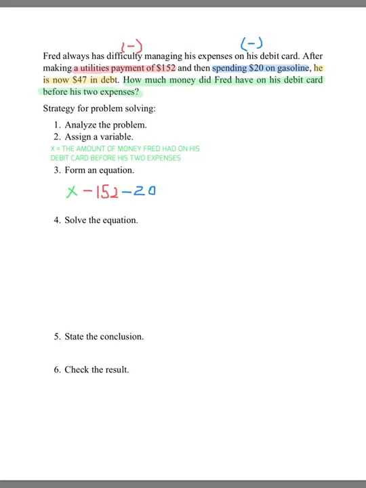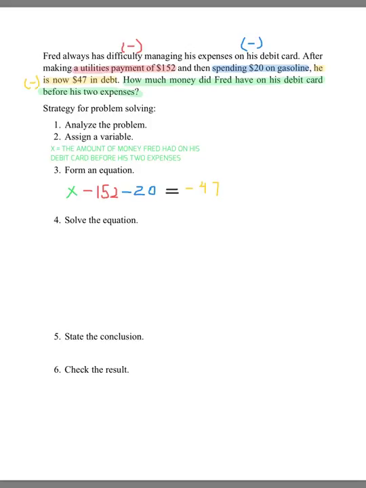And now we know that after these two expenses, he is now $47 in debt. So we'll go ahead and use the number 47. But it's not going to be a positive 47. Since he's in debt, he owes 47. So that's money that's not in his debit card. So it's going to be a negative 47. And again, because debt is also an indicator of subtraction.